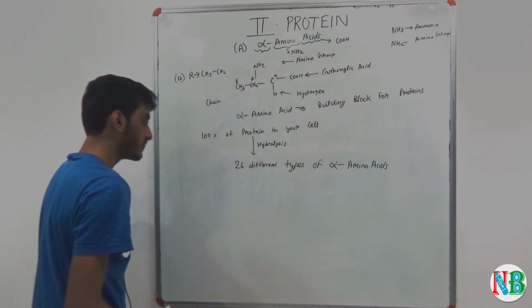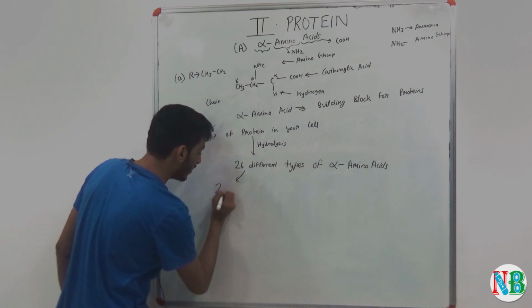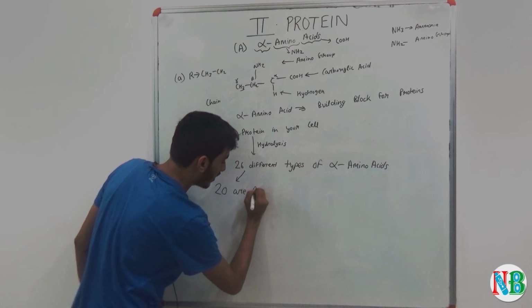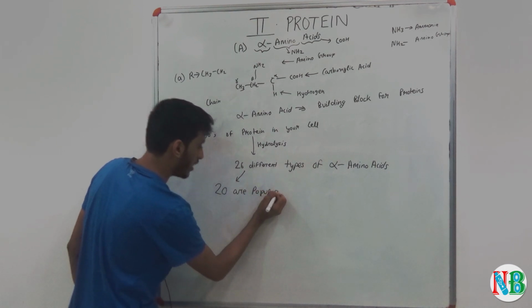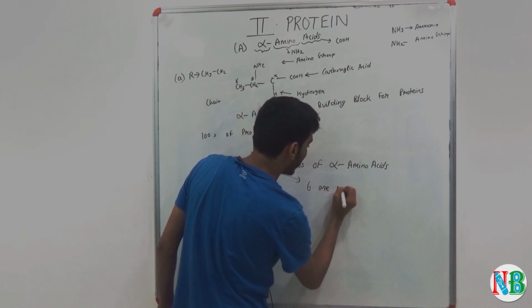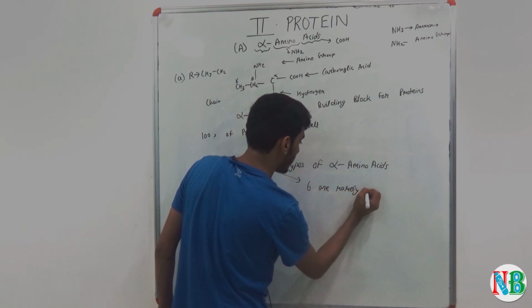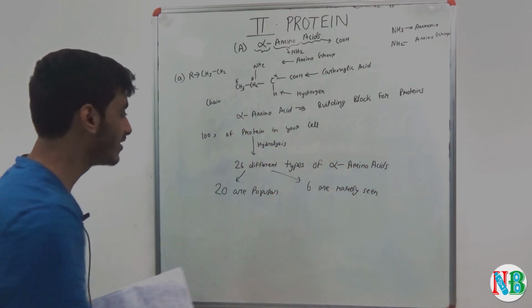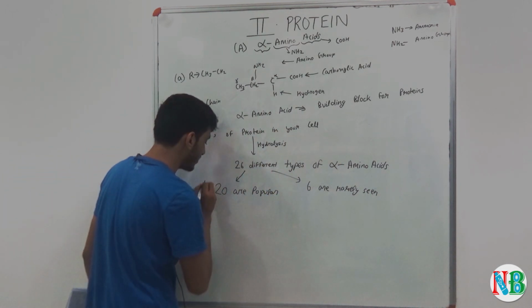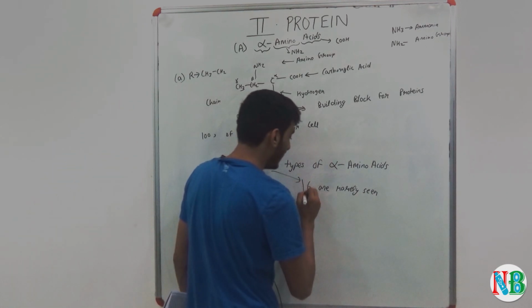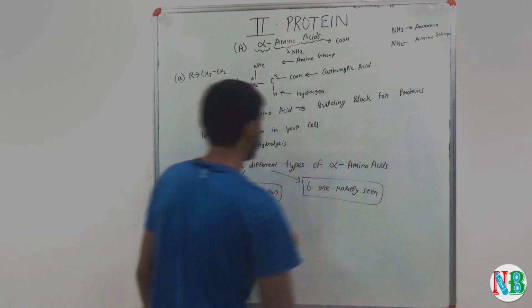Out of these, 20 are easily seen or very popular, whereas the 6 are rarely seen. So in this chapter you will learn only about these ones, the popular alpha amino acids. The rest are very rare to see.